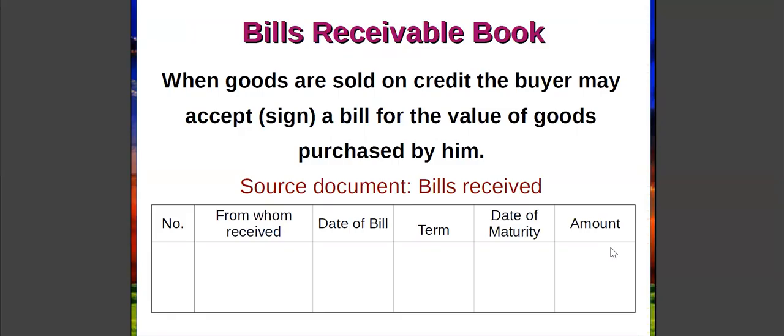That bill is called bills receivable. Format: number, from whom received, date of bill, term, date of maturity, amount. This is the format.